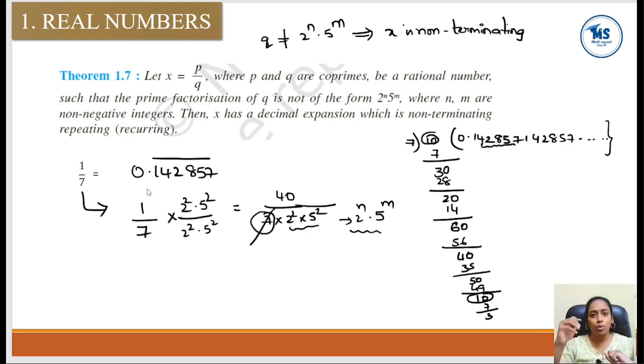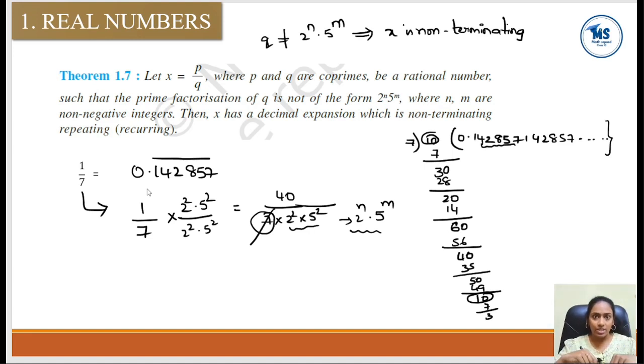Okay, so what we have learned in this video: the first theorem is, if our rational number x is in the form of p by q, and if x is terminating, then q is in the form of 2 power n into 5 power m. The second theorem is just the reverse of that. If our rational number is x equal to p by q, and if our denominator q can be written in the form of 2 power n into 5 power m, the decimal expansion of x is terminating.